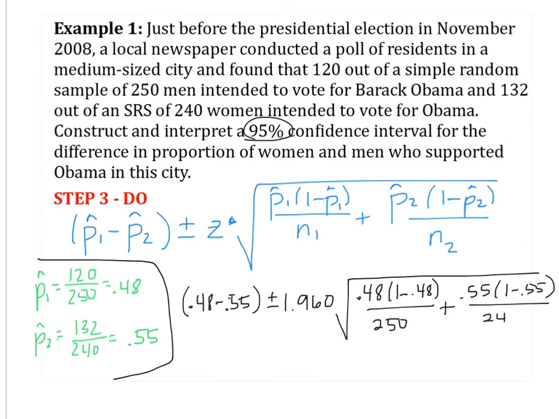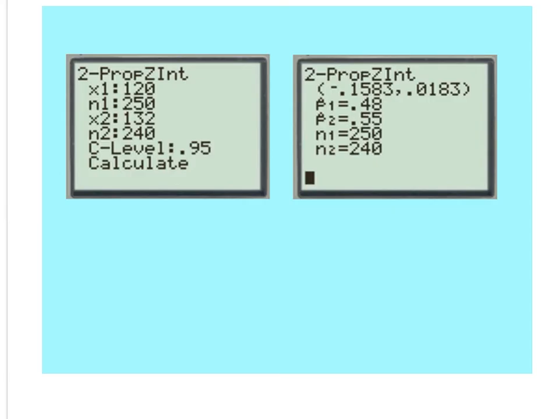over 240. Once I show this formula right here, I can stop doing calculation and go to my calculator. So when you type this into your calculator, x1 and n1 I chose for men, x2 and n2 were the women. My confidence level was 0.95.